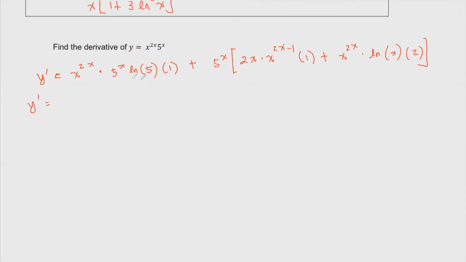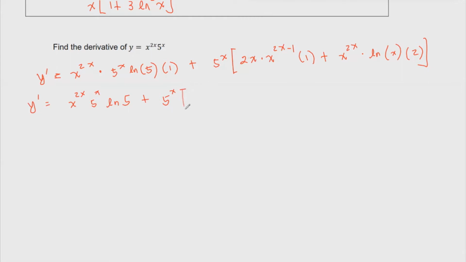So with this, let me just simplify this. So what we have is x to the 2x, and then times 5 to the x, and then ln of 5. Then we add. So with this, we have 5 to the x, and then times, I think we can actually add the exponents right from here.